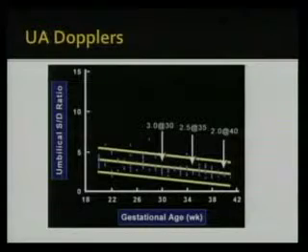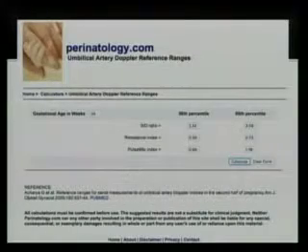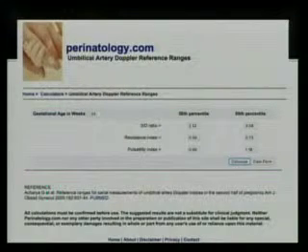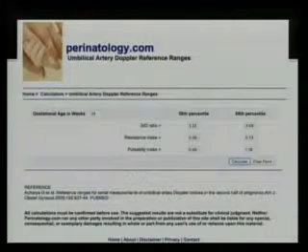And we do have calculators and online tools that we like to use to make sure we're on track with these norms. I've put up one of them that Dr. Knoll and I like to use, to give us the average for gestational age in weeks, to tell us what the SD ratio should be.